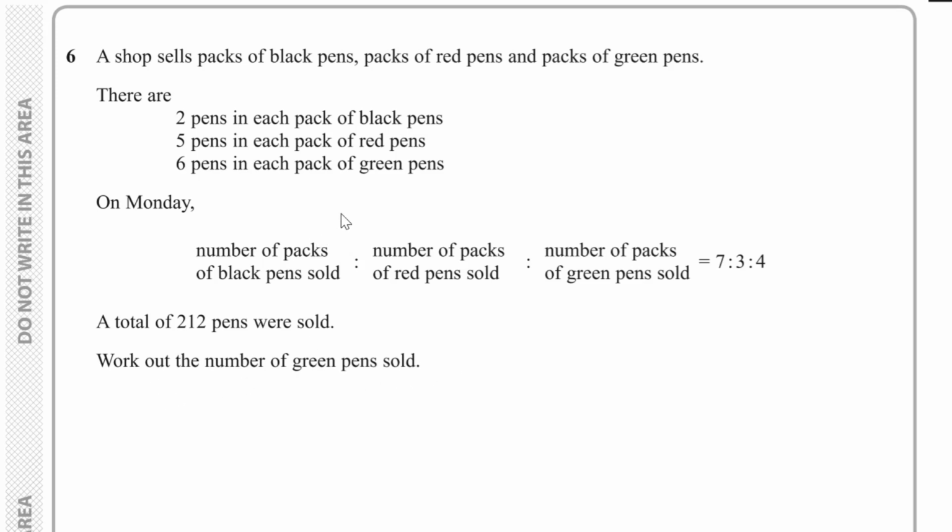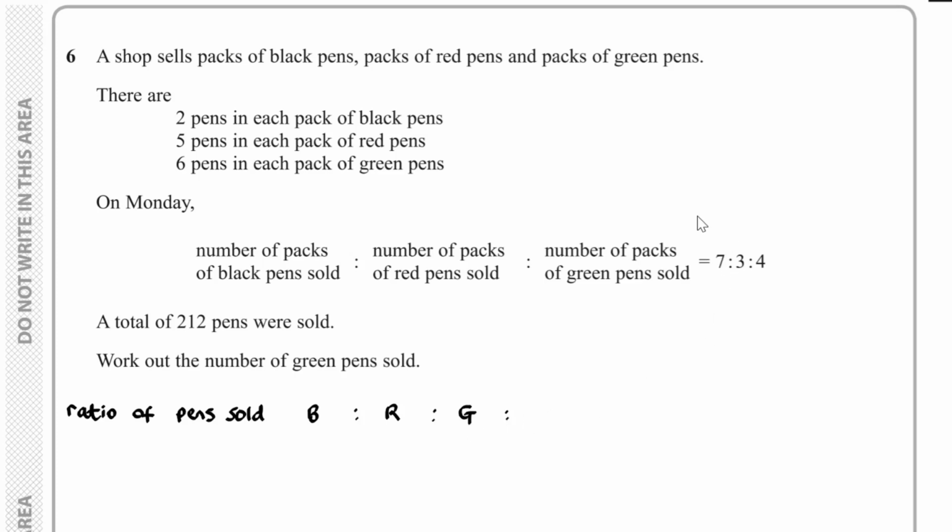Well, first of all, knowing how many pens are in each pack, we can first of all find out the ratio of pens sold. So for the ratio of pens sold, what we have over here is the black to red to green.